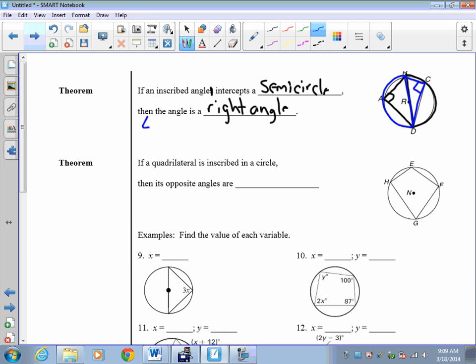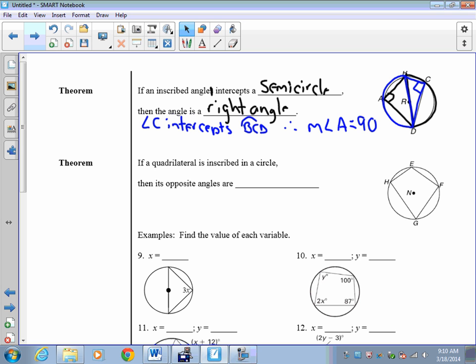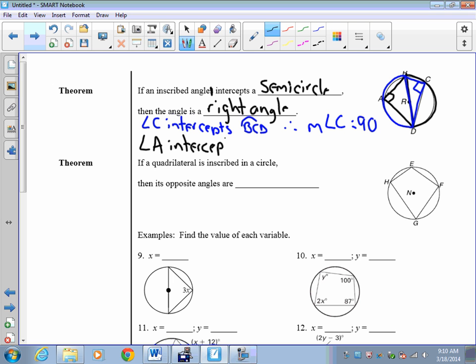So to write that out, angle C intercepts arc BCD. Remember, therefore, the measure of angle C is equal to 90. And we also have angle A intercepts arc BAD.